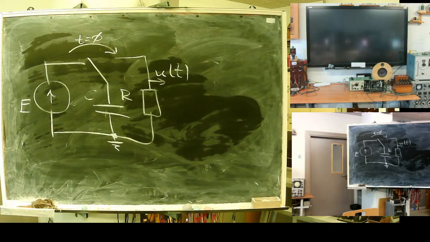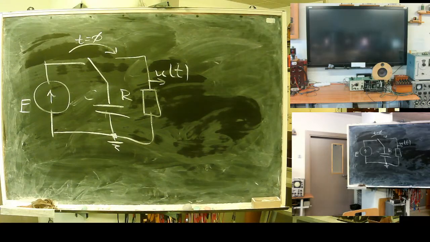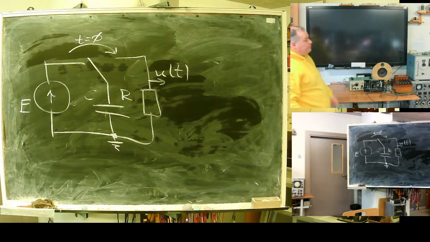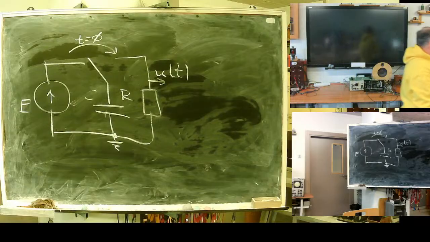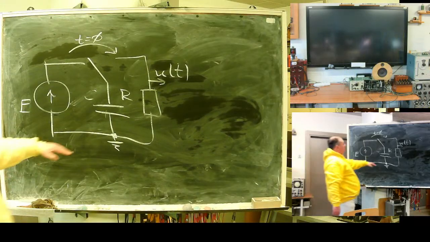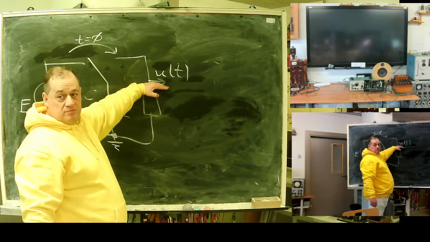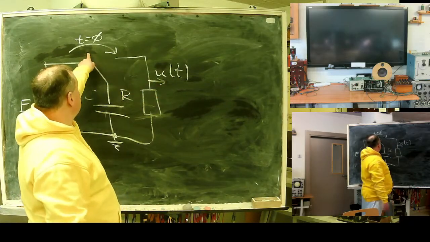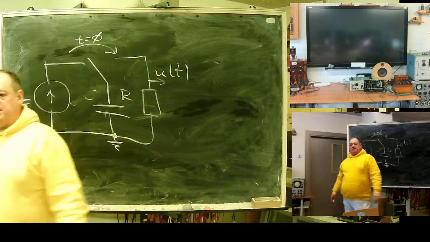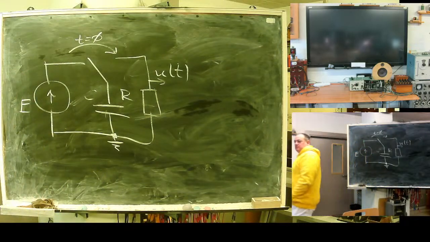What will we see at the circuit output? Any ideas? What will we see here at the circuit output when the switch is flipped?